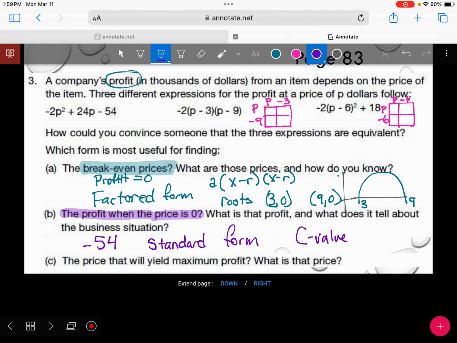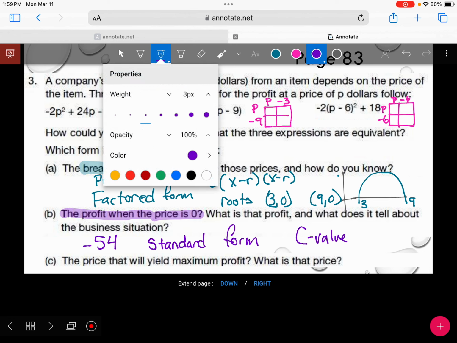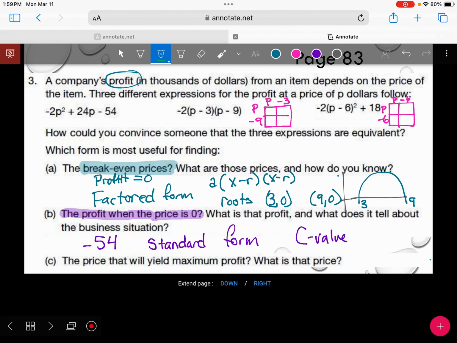All right, let's look at part C. What price will yield the maximum profit? Hang on, guys.